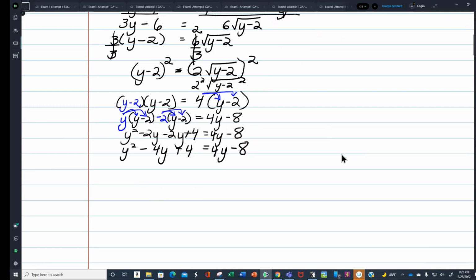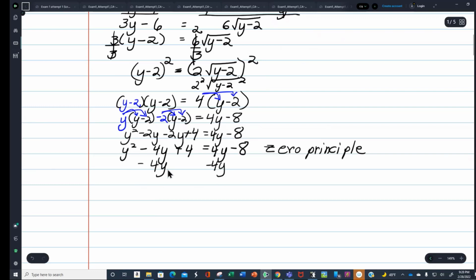Now I'm going to use the zero principle. I'll subtract 4y from both sides. And I'll add 8 to both sides.